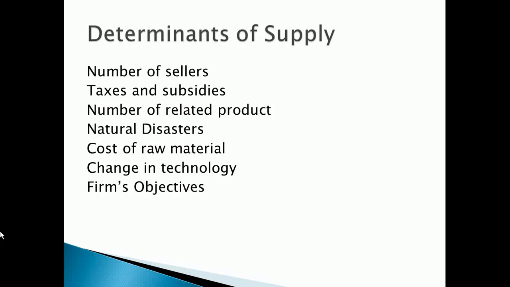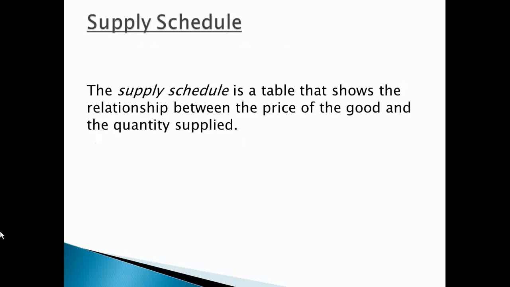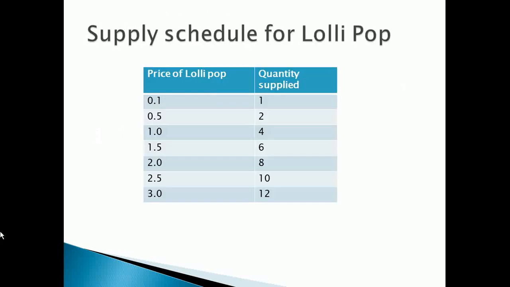This reflects the law of supply, which says the higher the price, the higher the quantity being supplied, and the lower the price, the lower the quantity being supplied. We can see the positive relationship between the price and quantity supplied, and this informs the reason why the supply curve slopes upward from left to right.